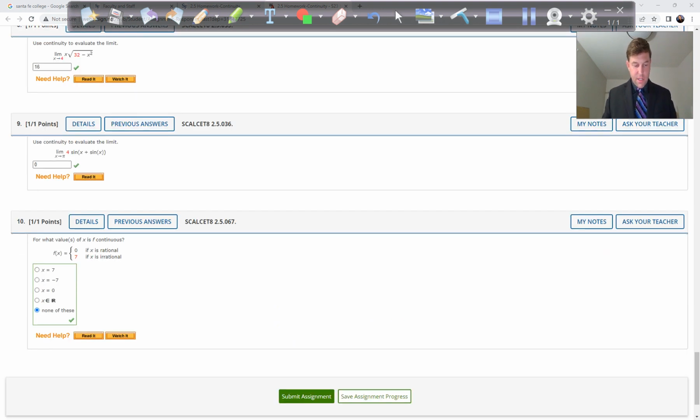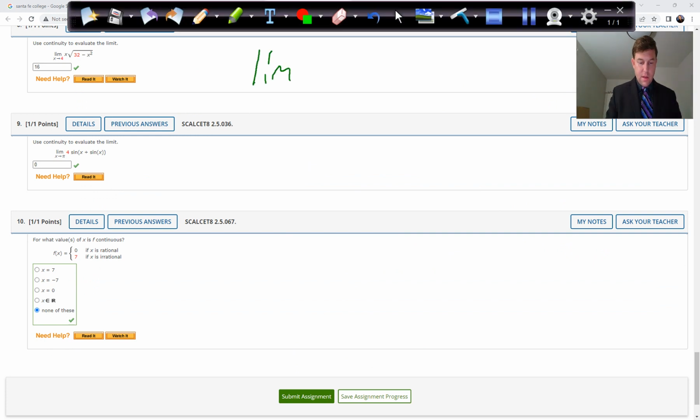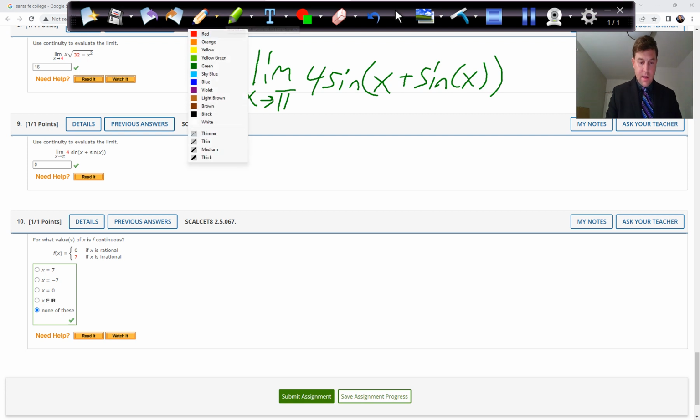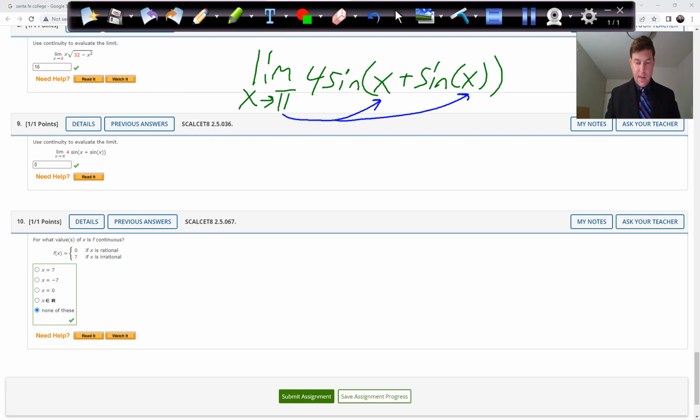Problem 9, very similar, except we have trig functions, so might have to review our trig a bit. The limit as x approaches pi of 4 times the sine of x plus sine of x. So again, we're just going to take pi and plug it into that x and plug it into that x.